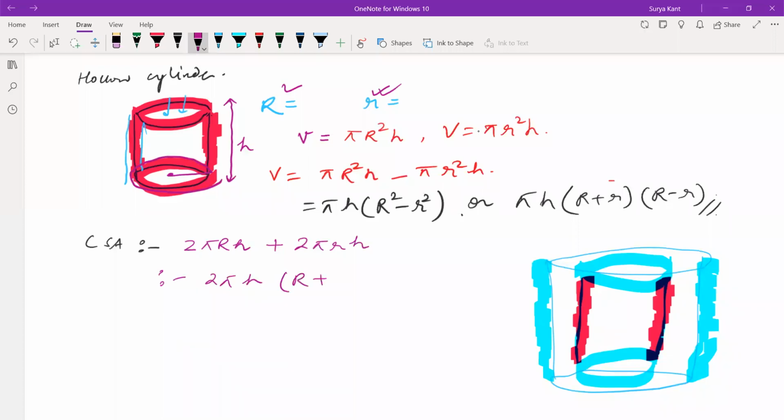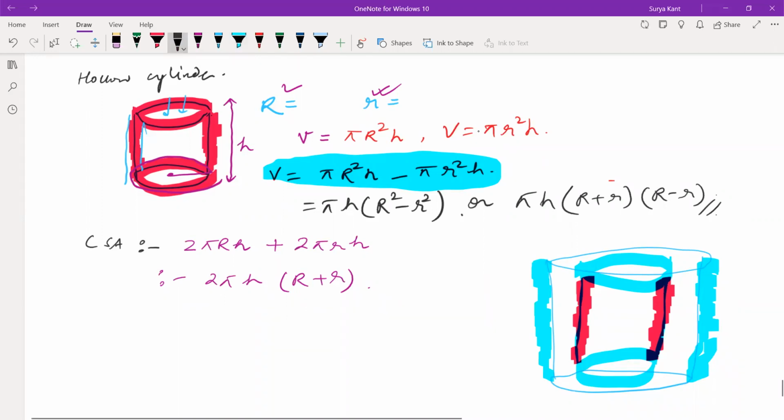You can write R plus r. Is it clear to you? That's why here we should add. Here we are subtracting. Remember, things are getting changed. Here we are subtracting the volume, and in curved surface area we are adding, because we can touch both surfaces, inner part and outer part also, right?